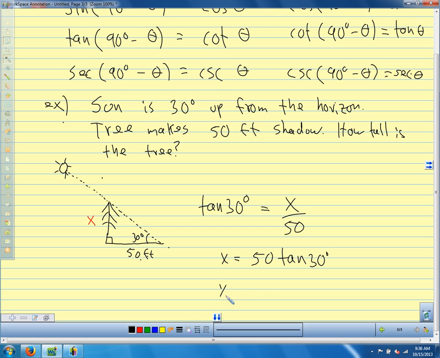And then I'm going to say x equals 50 tangent of 30 degrees, which we just talked about, is square root of 3 over 3. Plug that in my calculator and I get approximately 28.87 feet.